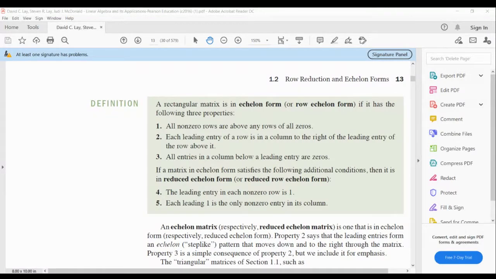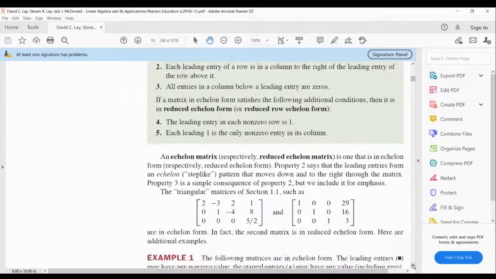Following this definition, for echelon form there are 3 criteria that need to be satisfied, and to get the matrix in reduced echelon form, you need all 5 criteria to be satisfied. I think it's helpful to look at an example here.